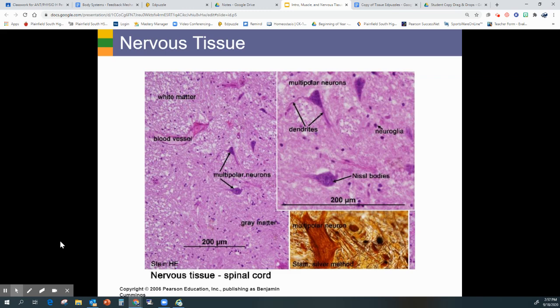There's a really nice demonstration in your workbook, so you might want to take a little bit of a look at that. I think it's chapter 3. We'll try to assign some of those workbook pages as we go through, but those are your big takeaways from today. Know your three types of muscle tissue and be able to identify them, and know your only type of nervous tissue and be able to identify it.